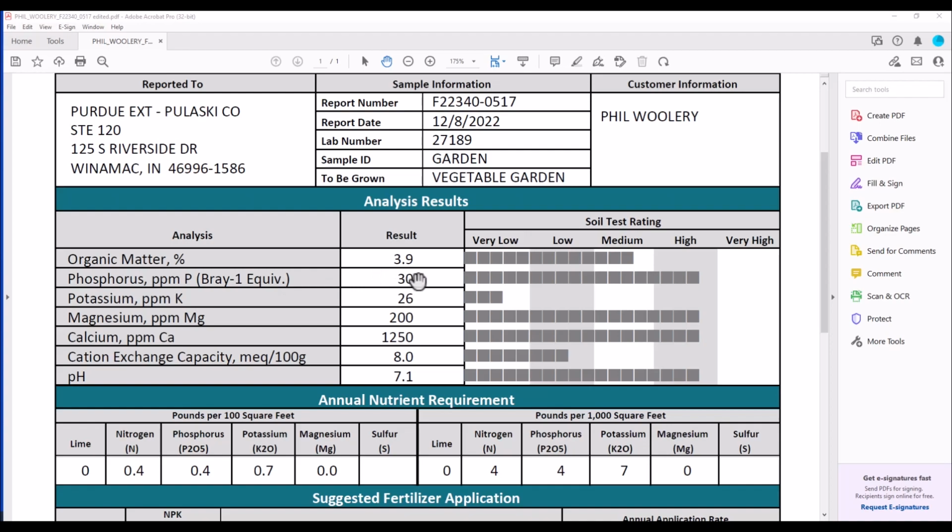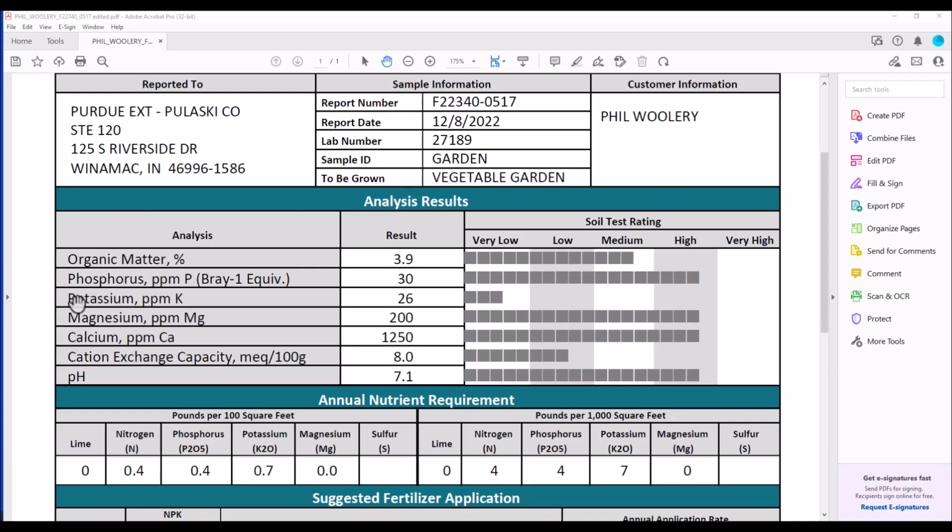We have 30 parts per million here, and it's rated as high. So we have plenty of phosphorus there, but it's not too high. If you have too low of a nutrient, it can cause a deficiency, and if you have too much, we can have toxicity, so we're okay there.